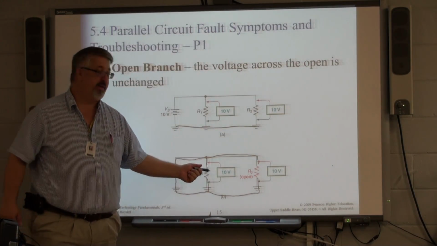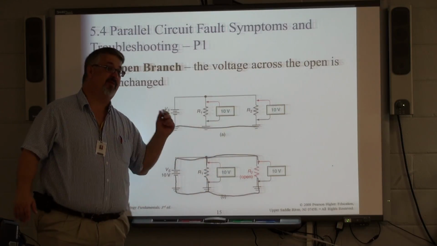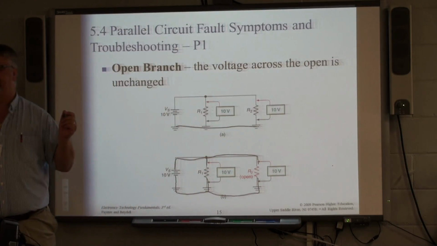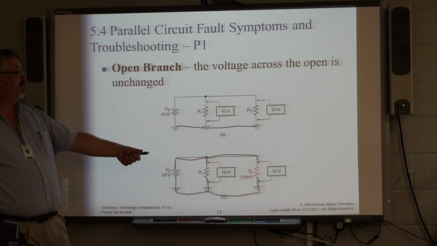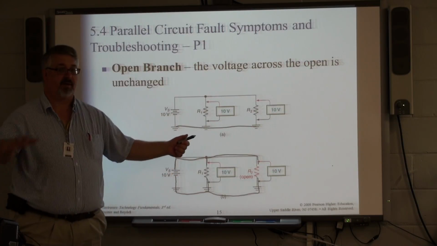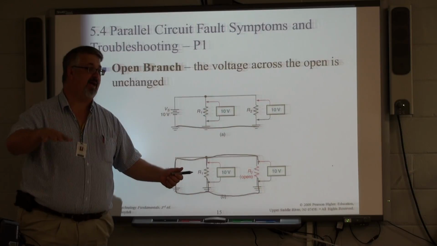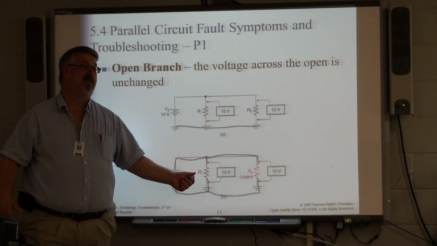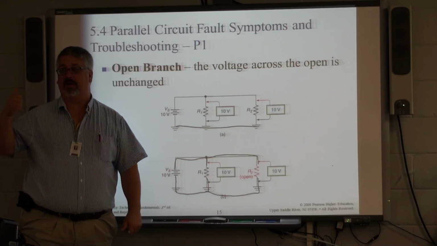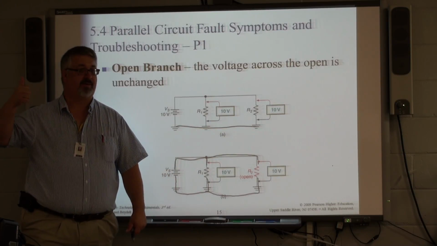So what has happened when R2 opens is we've gone back to a simple series circuit. Resistance just went from whatever the lower value was between having the two resistors there to just R1's value. So current just did what? Dropped or rose?